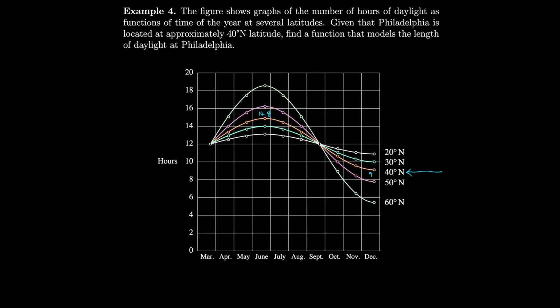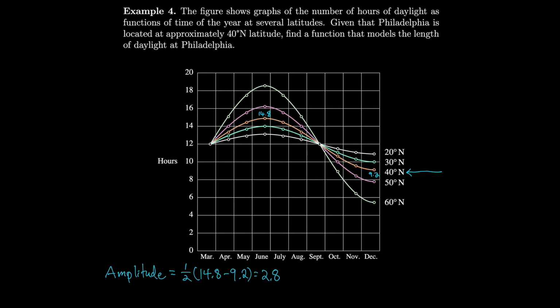Maybe it's like 9.2. So first we can write our amplitude, which is half of our distance from our maximum to our minimum. So the amplitude is half of 14.8 minus 9.2, which is 2.8. Okay, so that's a distance from a midline. Our period, well, this thing is number of hours of daylight as functions of time of the year, so our period should be 1 whole year.